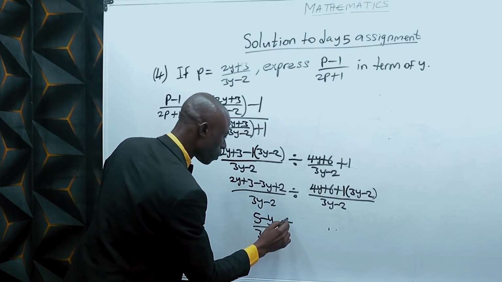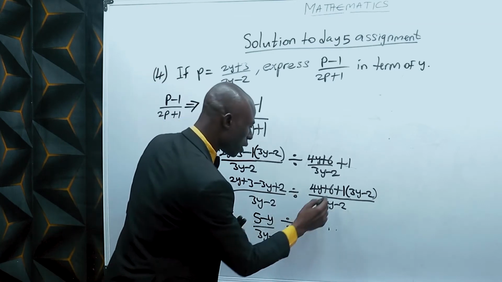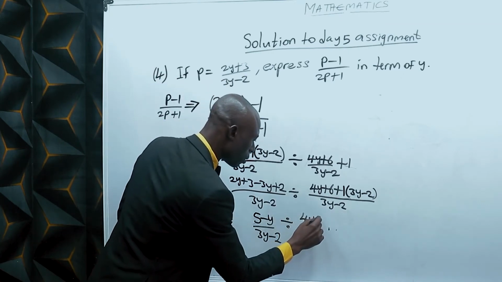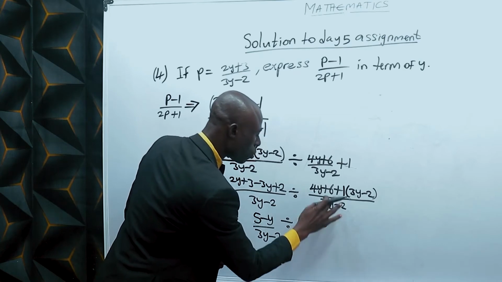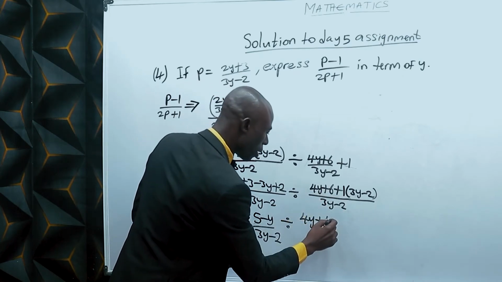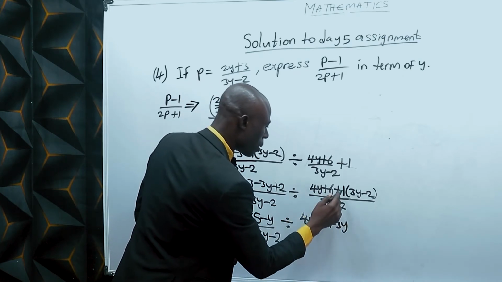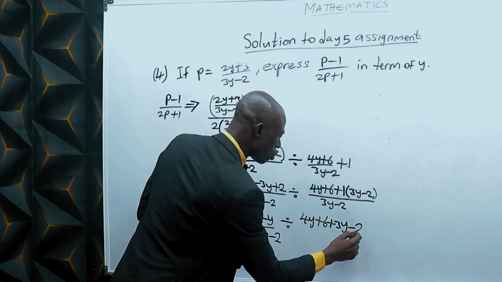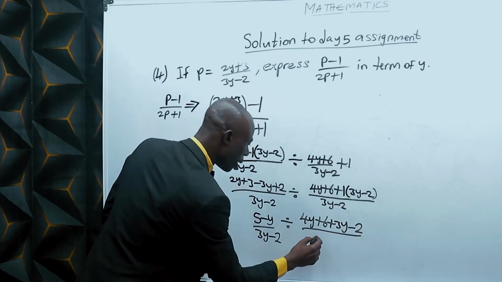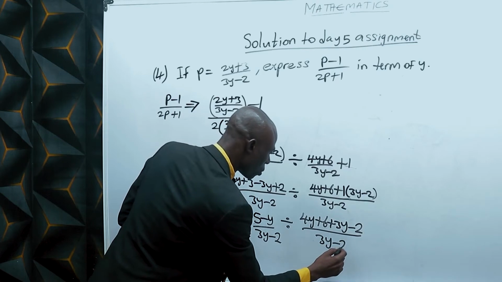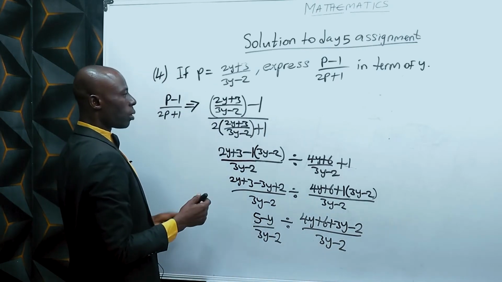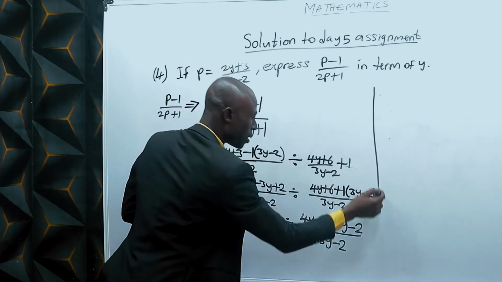Divided by, open this bracket with 1. Plus 1 times 3y, you have plus 3y. Plus 1 times minus 2, you have minus 2, all over 3y minus 2. Continue on this side.